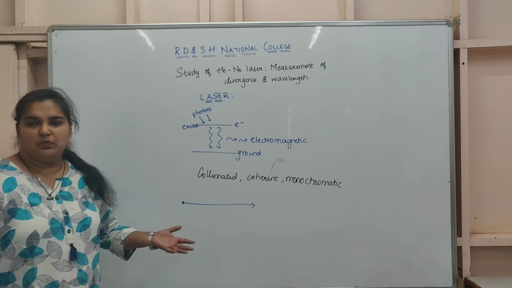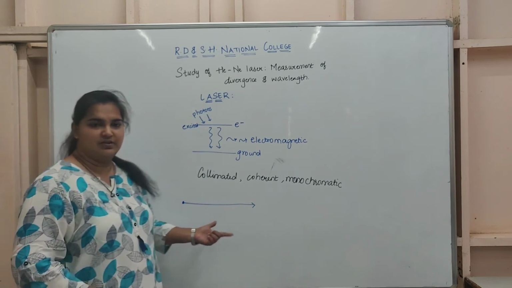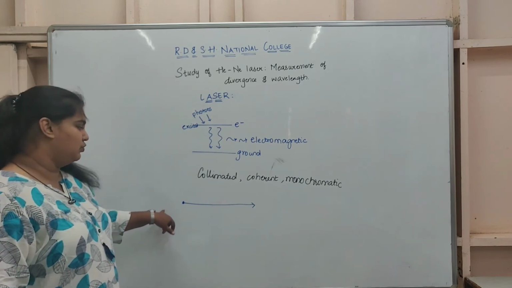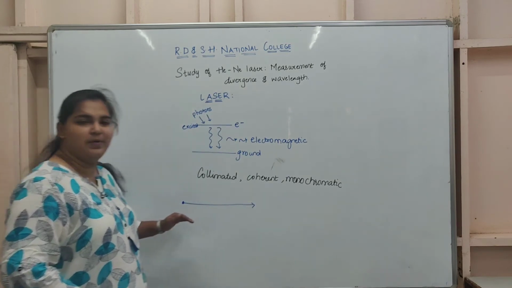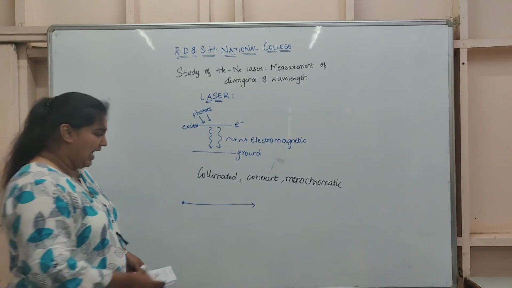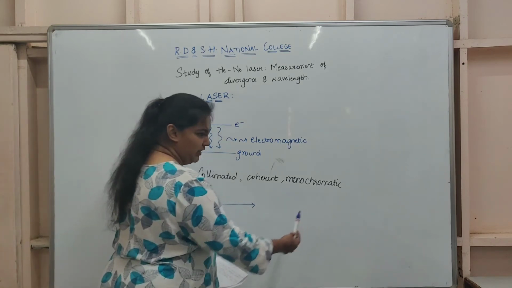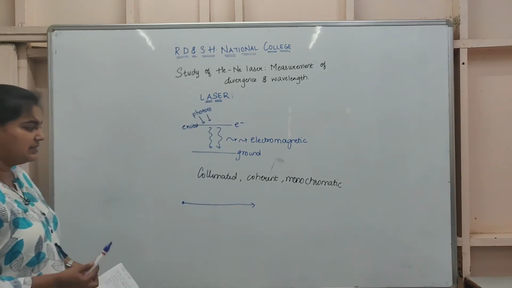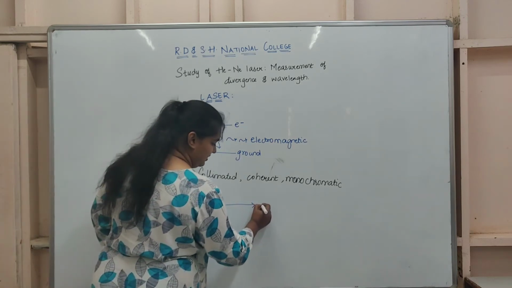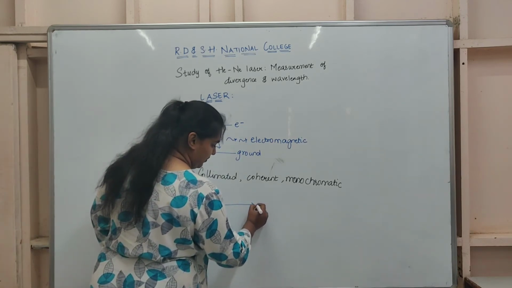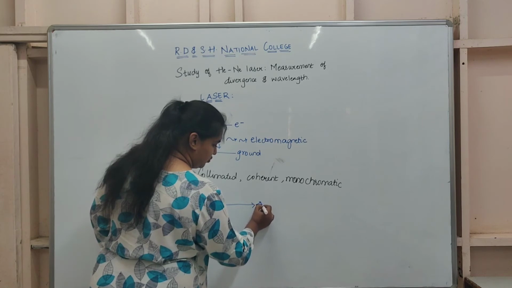This beam can travel to great distances depending on the frequency of the laser light. Generally we use green lasers and red lasers. Green lasers are sharper and usually travel more distance as compared to red lasers. But as these lights travel to greater distances, after a certain period there is a certain divergence in the beam. The beam starts to spread out.